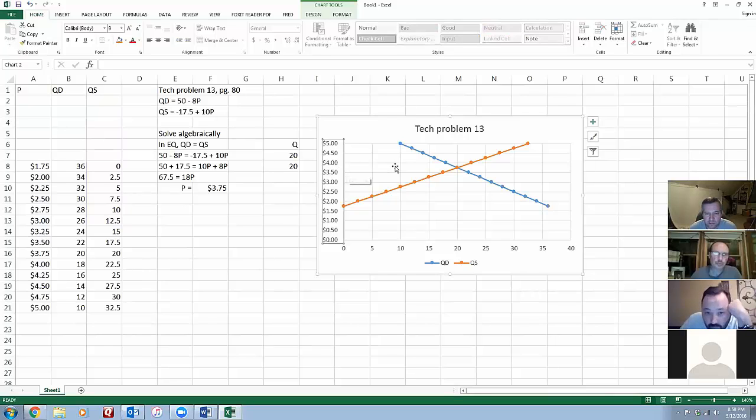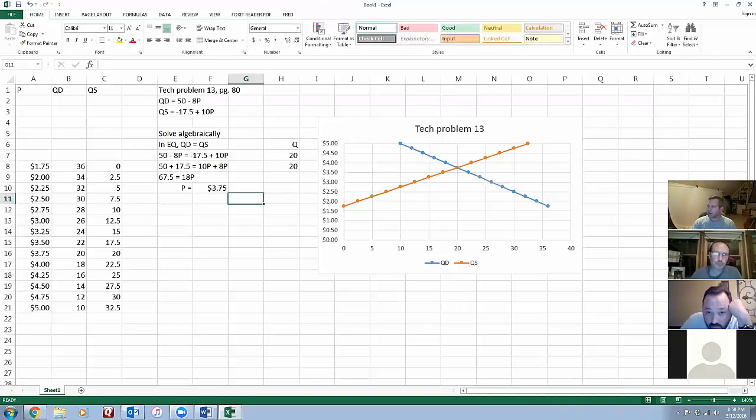It doesn't give me a nice little gray line here. So I didn't actually write 375 in the first time because sometimes you might not get the answer directly in terms of your table or in terms of your chart. So as best you can, you want to be able to solve things algebraically or with calculus. But if you can't do that, you can somewhat let the graph give you a sense of where you're going.